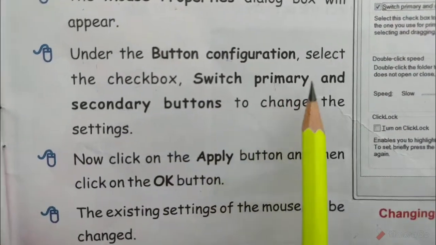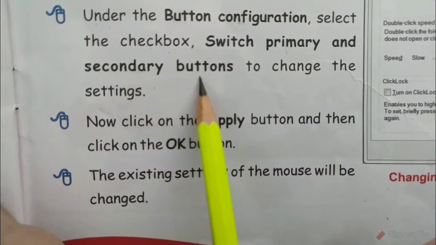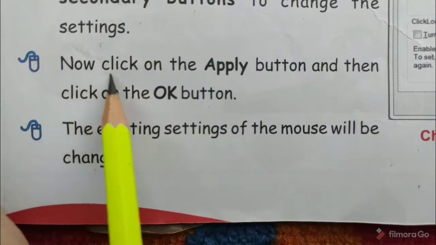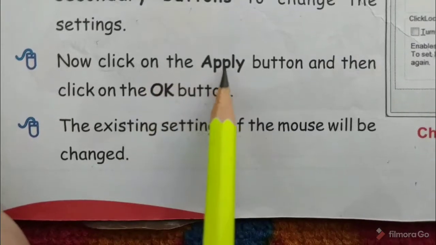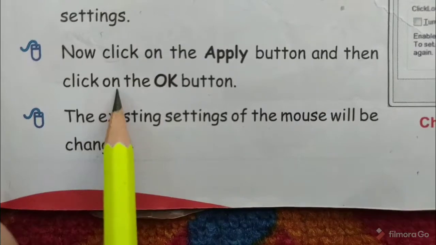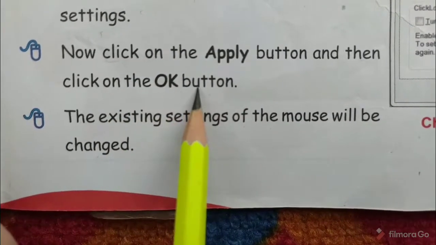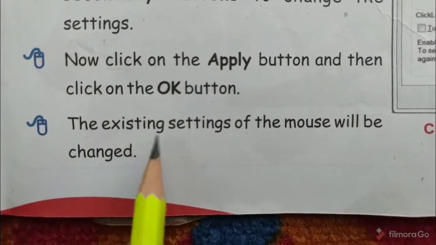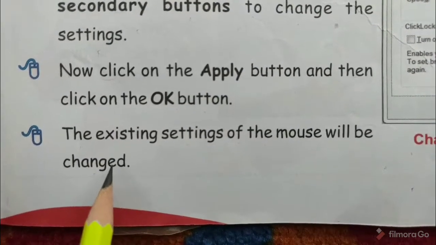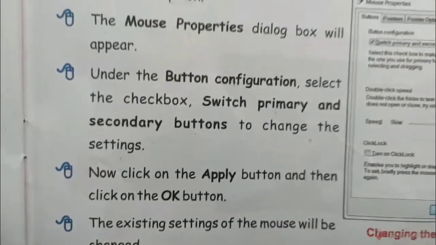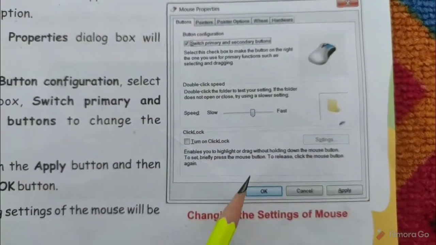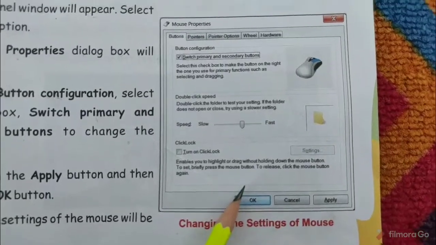Switch primary and secondary buttons to change the setting. Now click on the Apply button and then click on the OK button. The existing settings of the mouse will be changed. Children, here you can see the picture of changing the settings of the mouse.